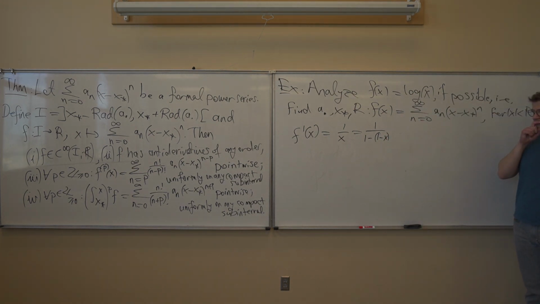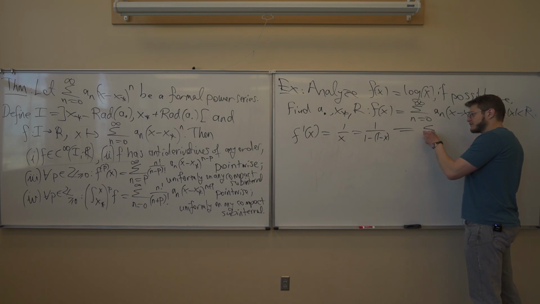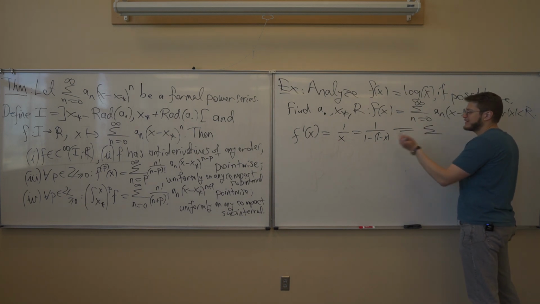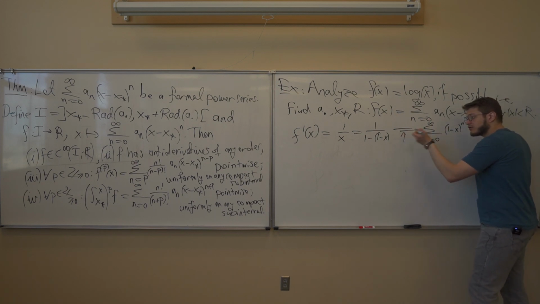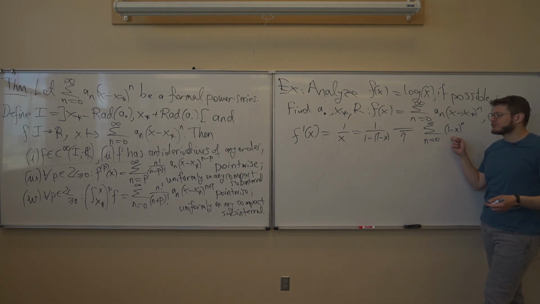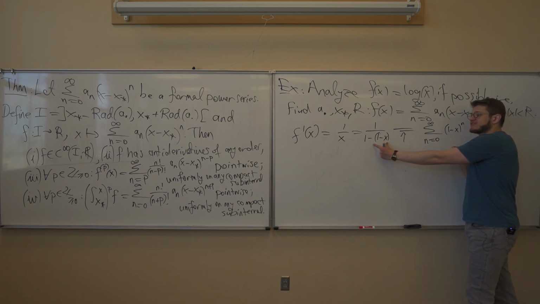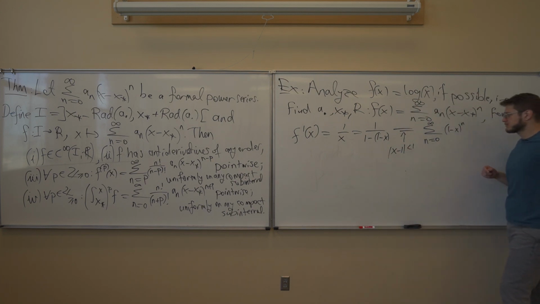Okay? But then this I can analyze. Now this is my independent variable if you want. So 1 minus x raised to the power n. Of course, now I need to bite the bullet. I need to restrict my x values. I'm saying, okay, so this works insofar as this value is less than 1 in absolute value. Okay?